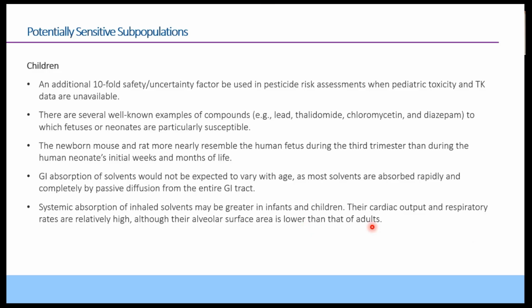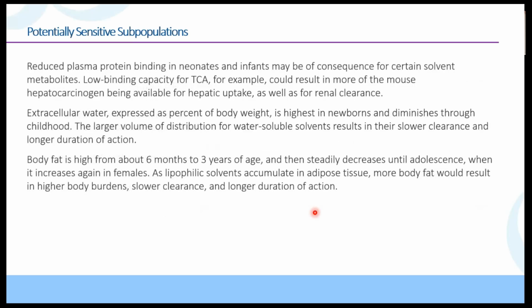So the higher cardiac output and respiratory rates in neonates make systemic absorption of solvents greater as compared to adults. Further, the reduced plasma protein binding in neonates and infants may be of consequence for certain solvent metabolites.